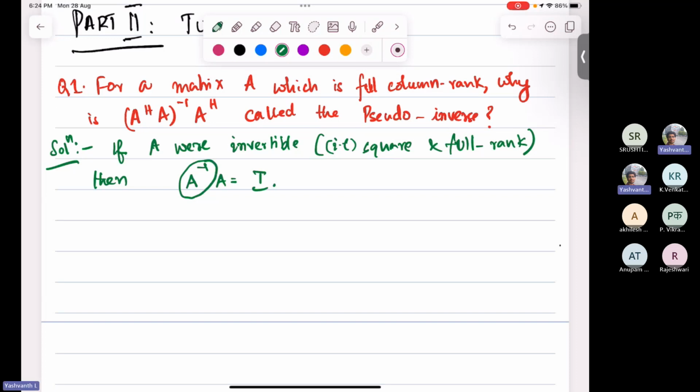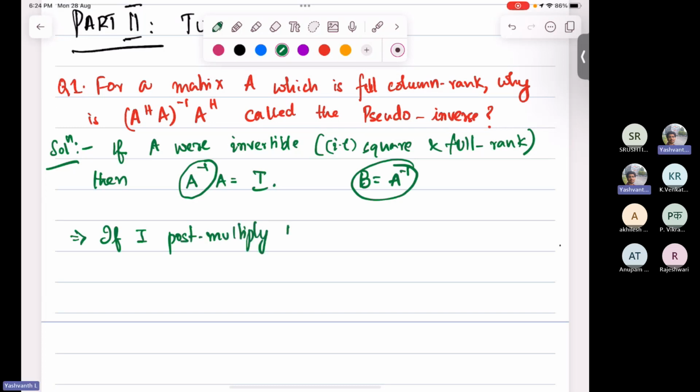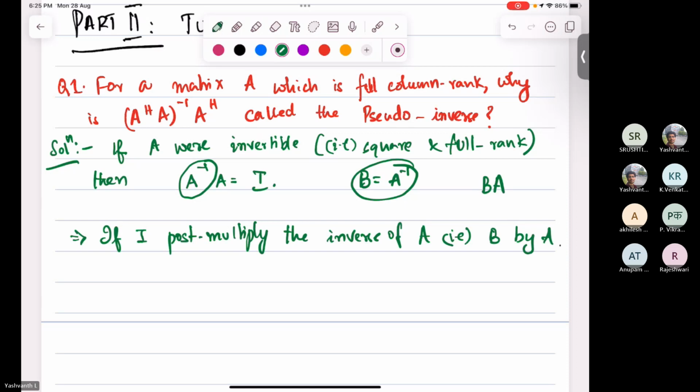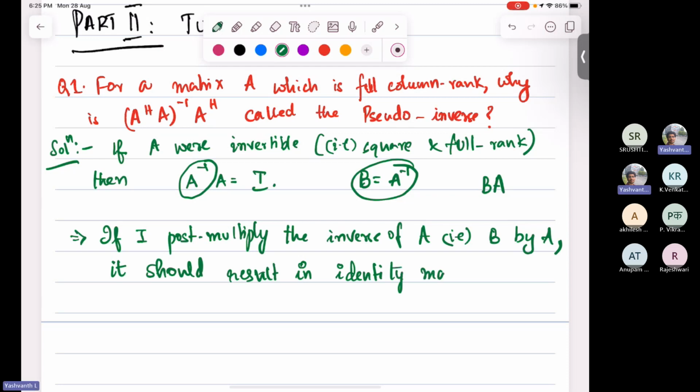Let's say B is equal to A inverse. If I post multiply B by A, it should result in the identity matrix. Correct? B times A is equal to I, where I have defined B as A inverse.